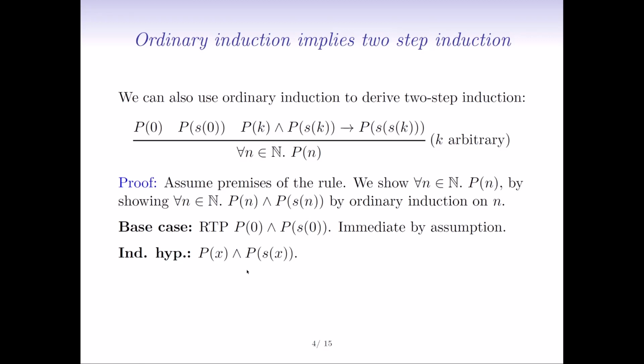For our induction hypothesis, we have to assume that the statement P is true of some arbitrary number, and I didn't want to use K again so as to not get confused with the assumption, so I've taken X. So the induction hypothesis, corresponding to this statement here, is that P holds of X and P holds of S of X. In the step case, we then have to show that the same statement is true of successor of X, which means that what we have to show is that P holds of successor of X and P holds of successor of successor of X. Well, the first conjunct is trivial.